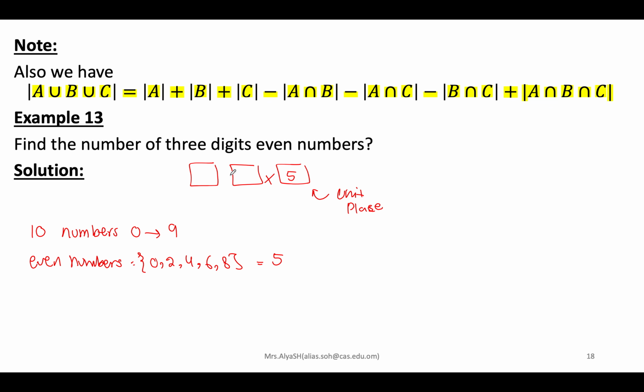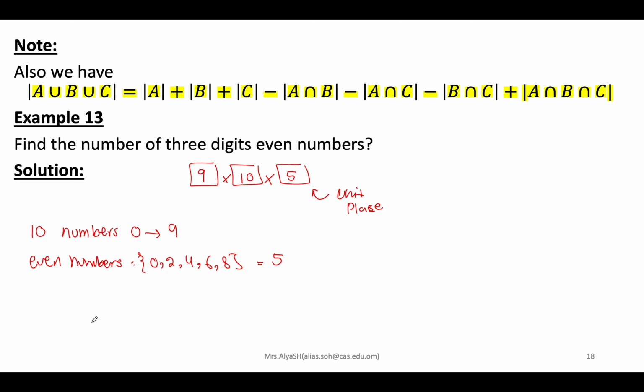Then we start from the beginning. Here we have 10 numbers from 0 to 9. However, I cannot put 0 at the hundreds place because a 0 on the left does not have a value. If I put 0 here, then I get a 2-digit number. Therefore, we can put here either 1, 2, 3, 4, 5, 6, 7, 8, or 9, which is 9 numbers. Then in the middle, I can put the 10 numbers.